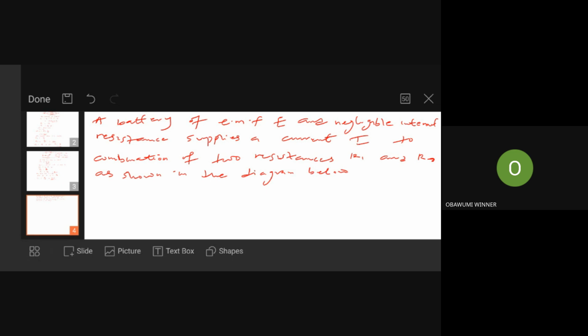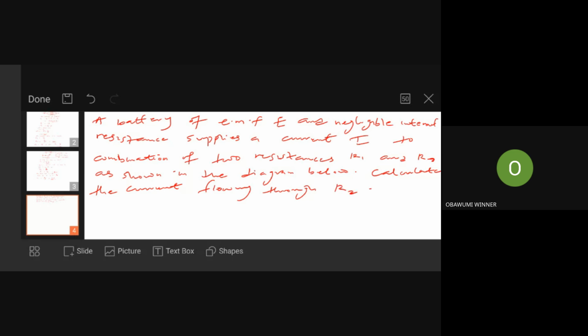Now the question says we should calculate the current flowing through R2.